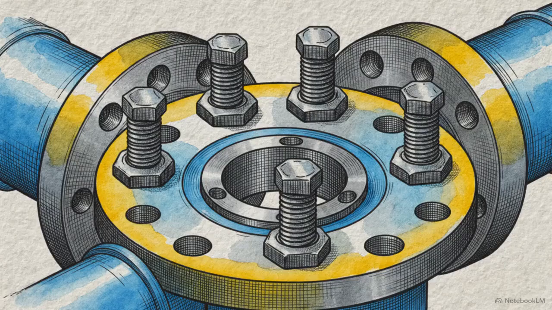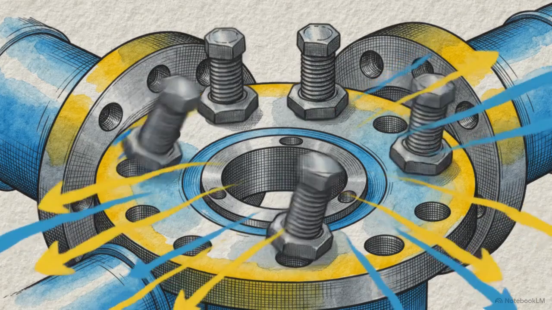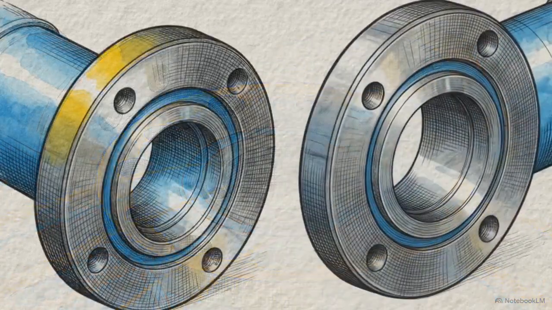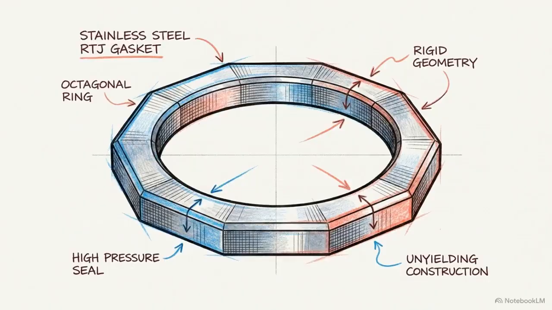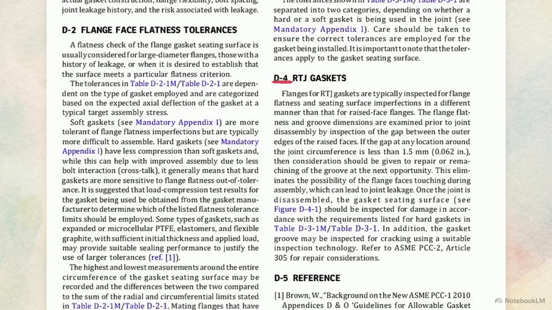Stage 2 is the post-disassembly inspection. Once the joint is open, attention shifts to the interior gasket seating groove. Because RTJs utilize solid metallic rings to seal the pressure, they are rigidly inflexible. Section D4 of the standard explicitly states that all internal RTJ groove damage must be evaluated strictly against the hard-faced gasket defect matrix.